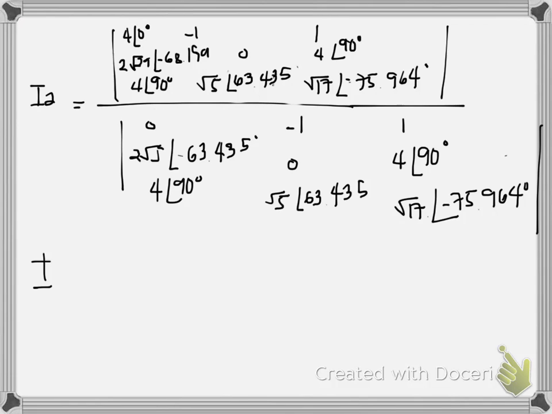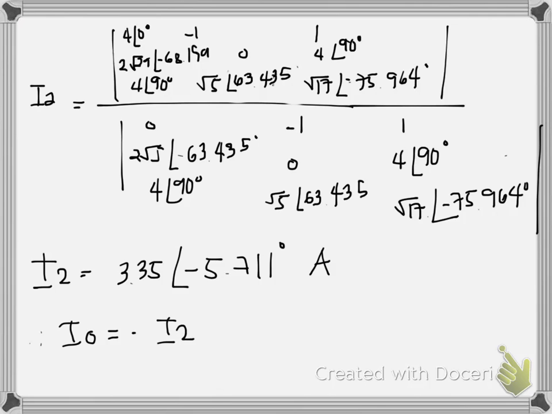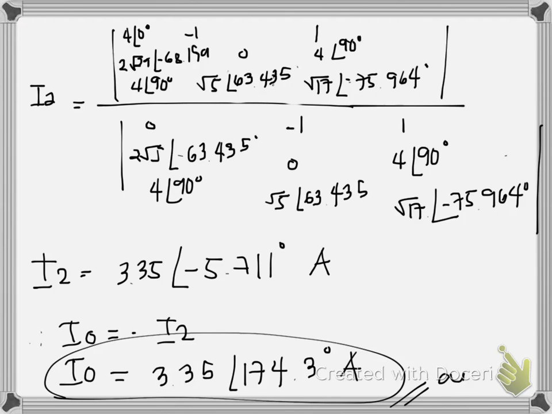And the result is 3.35 angle minus 5.711 degrees amperes, and since IO is equal to negative I2, hence IO is equal to 3.35 angle 174.3 degrees amperes. Answer.